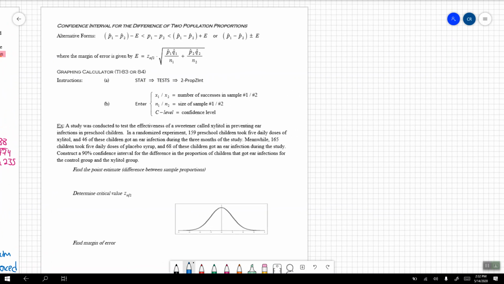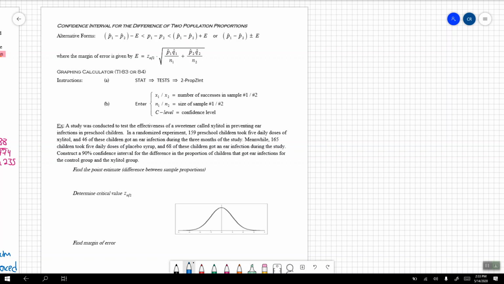Now, for this last part, what we're going to do is we're going to look at the confidence interval for the difference of two population proportions. To create a confidence interval, we need our unbiased estimator.